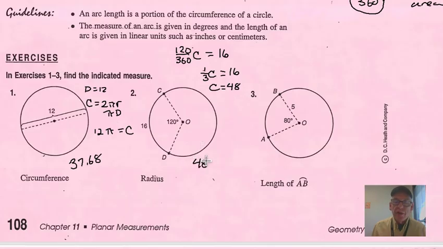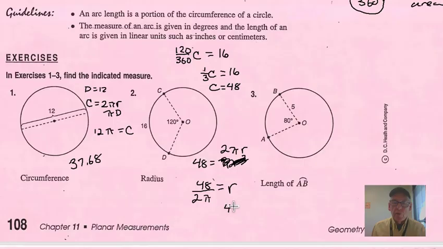Now I can figure out the radius using the circumference formula. We have 48 equals pi r squared. No, equals 2 pi r. I started to do area there. We're going to divide 48 by 2 pi, and that's going to give us r. Pi is 3.14, and 2 times 3.14 is 6.28.